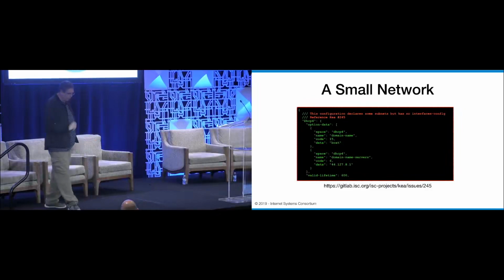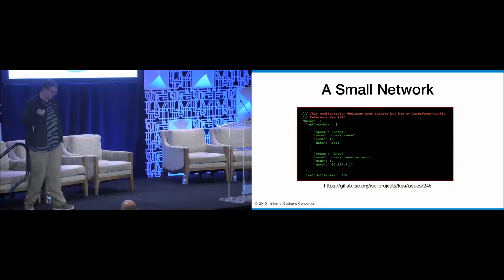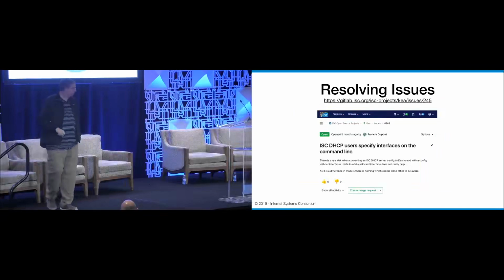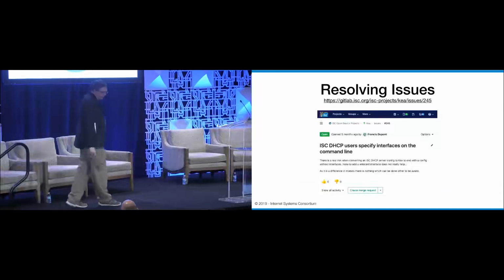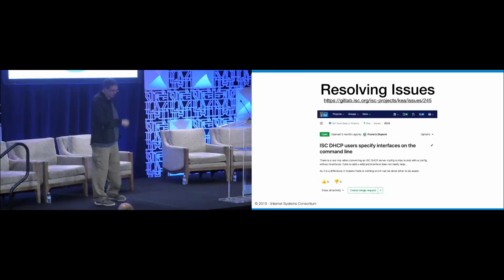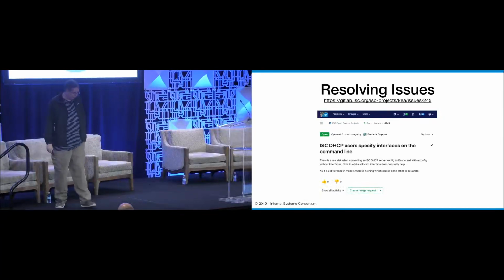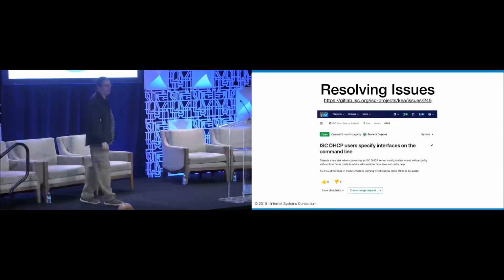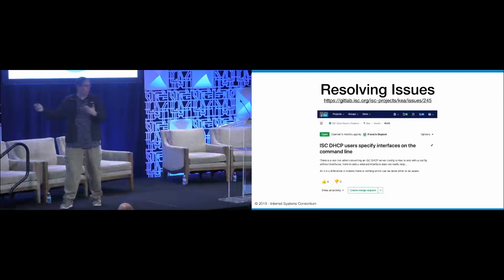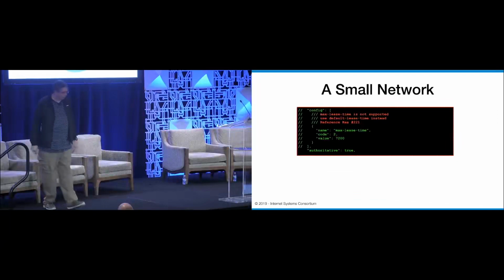So if I go out to gitlab.isc.org, projects, Kea, issues, and then 245, obviously referenced from that number, I see a comment from one of the developers: There's a real risk when converting an ISC DHCP server configuration to Kea to end up with a config without interfaces. To add a wildcard interface does not really help. As it is a difference in models, there is nothing which can be done other than to be aware. Fair enough. We've documented the fact that this isn't going to work directly. You're going to need to make some changes.